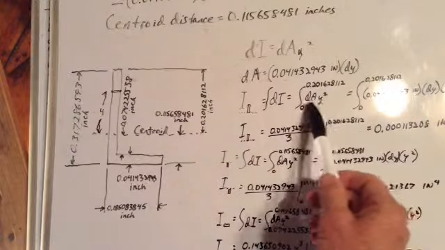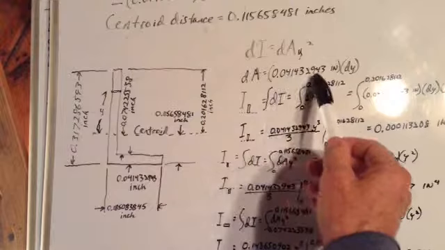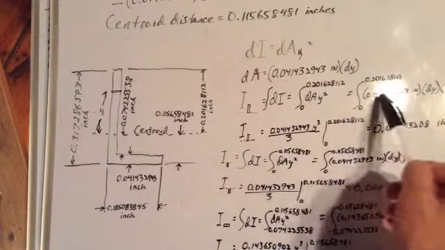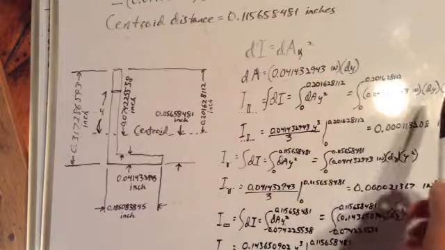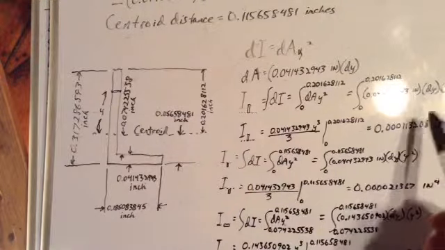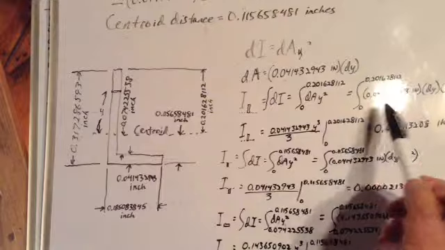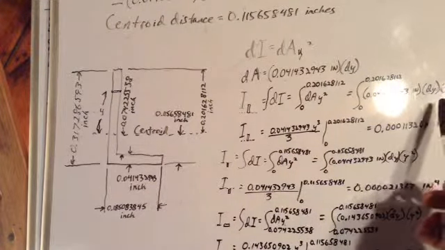Okay, so the integral of dA y squared, well, dA is that times dy, so let's replace that with that times dy, times y squared. That's what we did there. Well, what's the integral of y squared dy? These constants just carry right on down, but the integral of y squared dy is y cubed over 3.